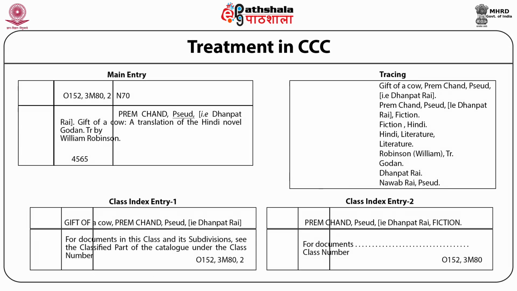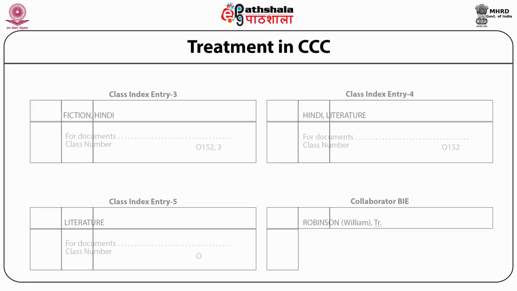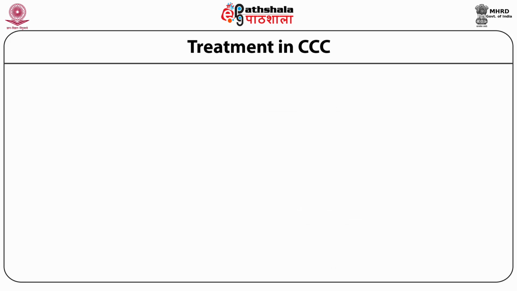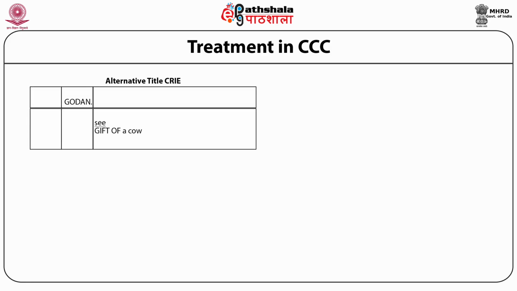In the main entry, all the sections have been recorded as per the rules of Module 11. However, the heading section has been recorded as per rule number MD 423 of the present module. As the real name has been taken from outside sources, it is recorded in square brackets. All other entries, that is the class index entry and book index entries, have been prepared as per rules.